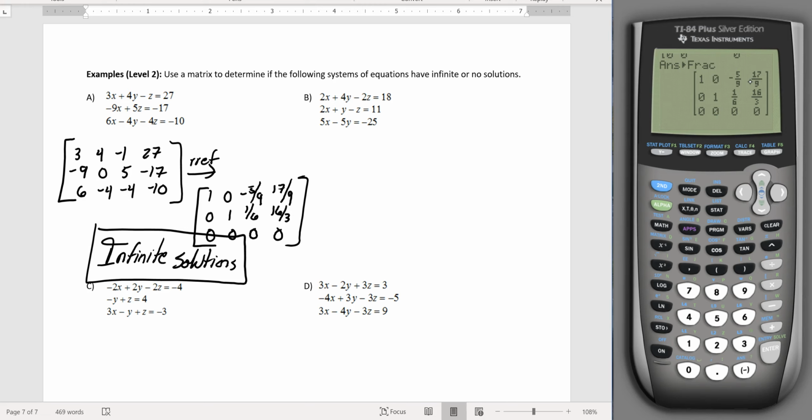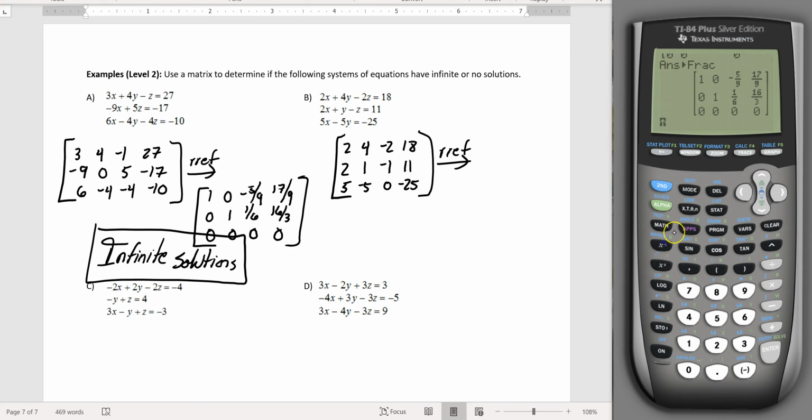Let's try letter B. Let's put this in augmented form. So we'll have 2, 4, negative 2, 18, 2, 1, negative 1, 11, 5, negative 5, there's no z, and negative 25. And then when we RREF this guy, what are we going to get?